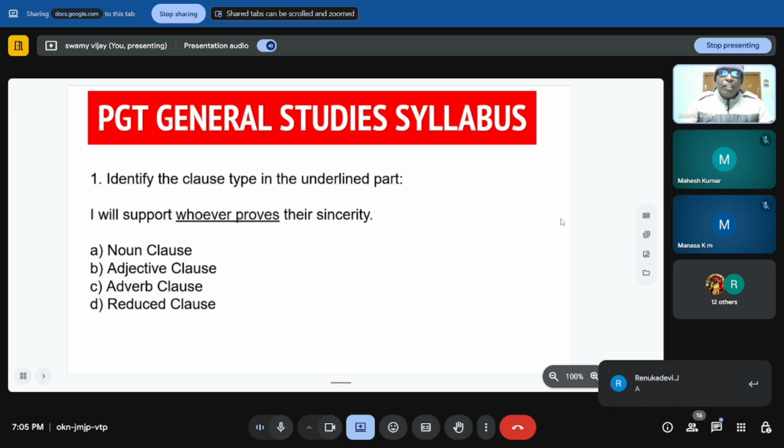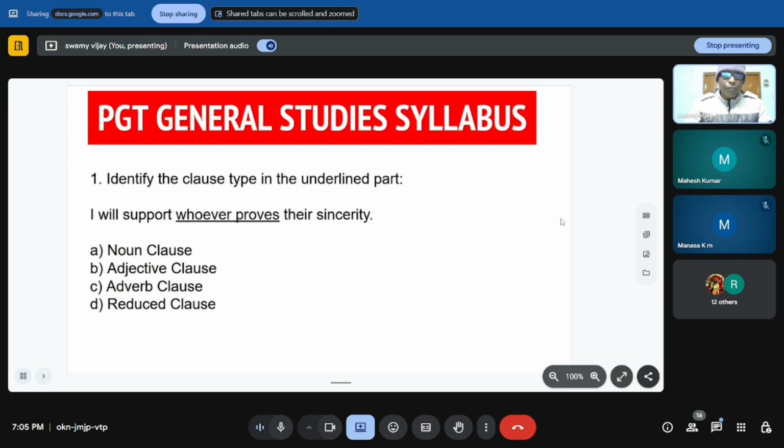But how to identify a noun clause? How to identify the difference between a noun clause, an adjective clause and an adverb clause? We are going to study that. You all know about a phrase, a clause, the different types of clauses, and how these clauses can be used to change a sentence from simple into complex, and complex into compound.